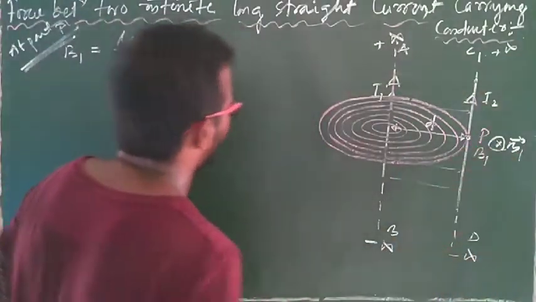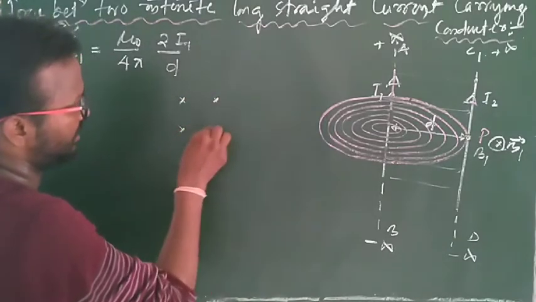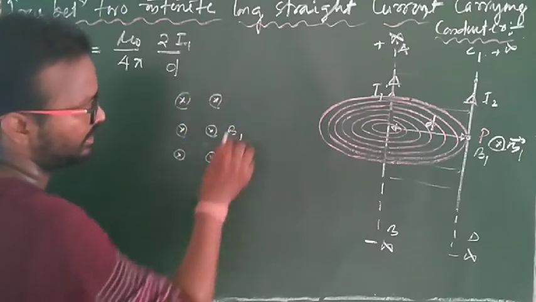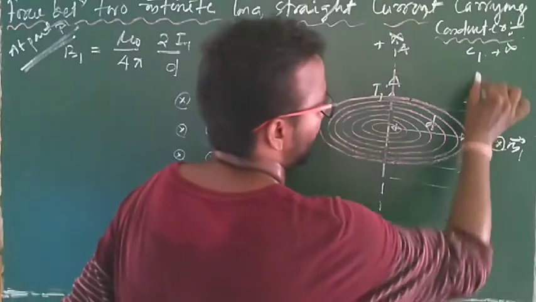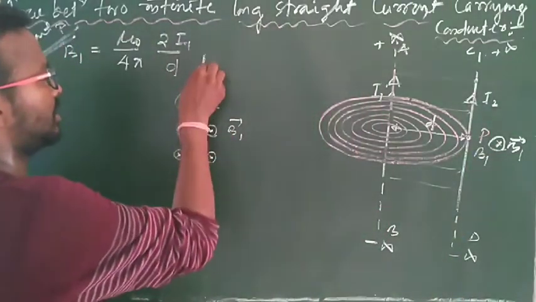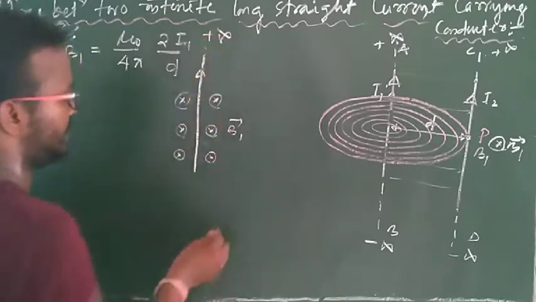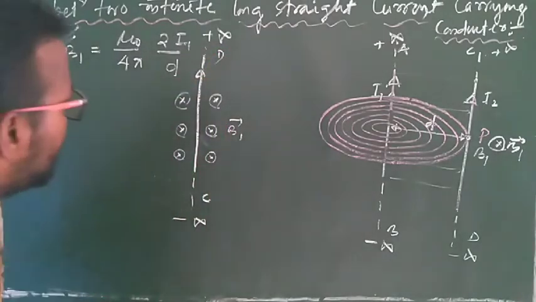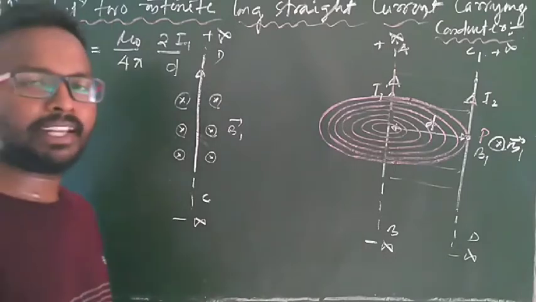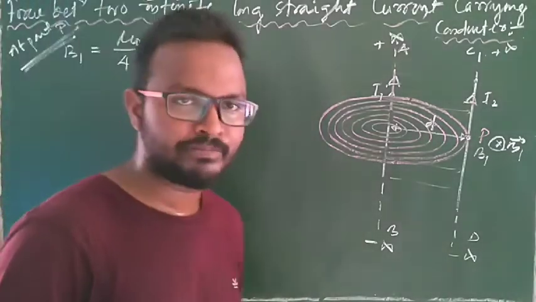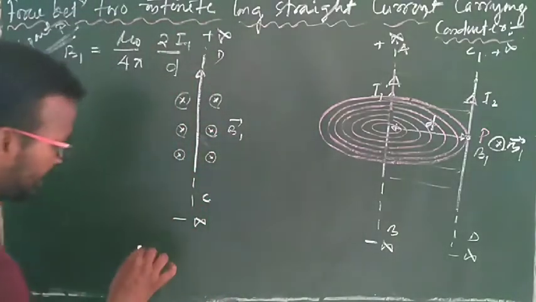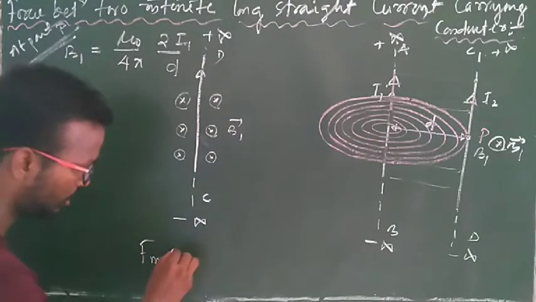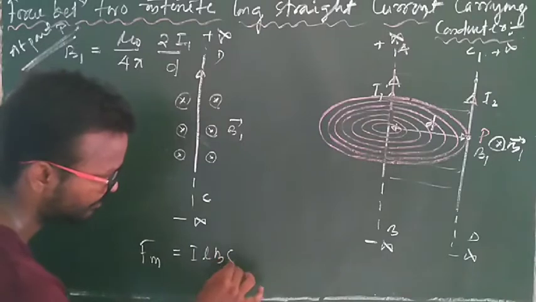So if we draw another diagram, this is a uniform magnetic field B1, and there is another current carrying conductor with terminals C and D, positive and negative. Previously we discussed that if we place a current carrying conductor inside a magnetic field, the total force experienced by the conductor, Fm, can be written as ILB sin theta.